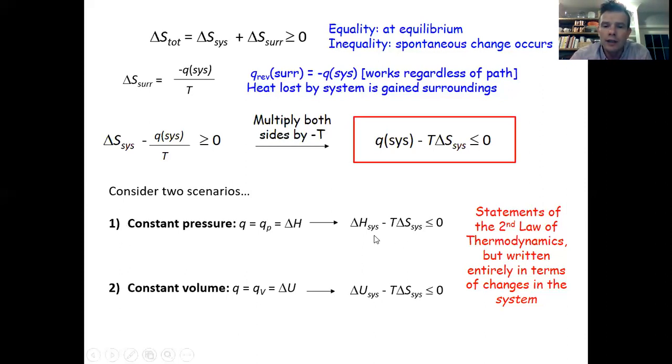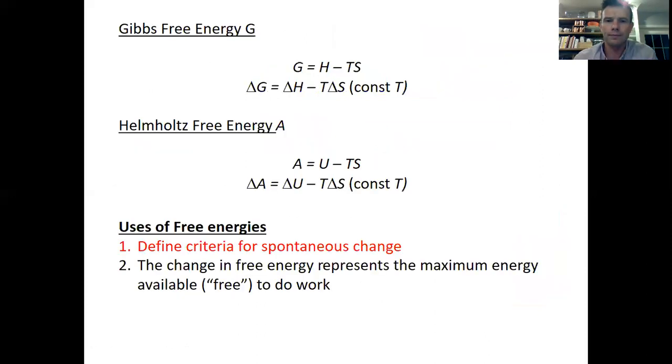These two definitions, delta H minus T delta S and delta U minus T delta S, suggest that we define two new thermodynamic variables. So those thermodynamic variables are described here. The first is the Gibbs free energy. G is equal to H minus TS.